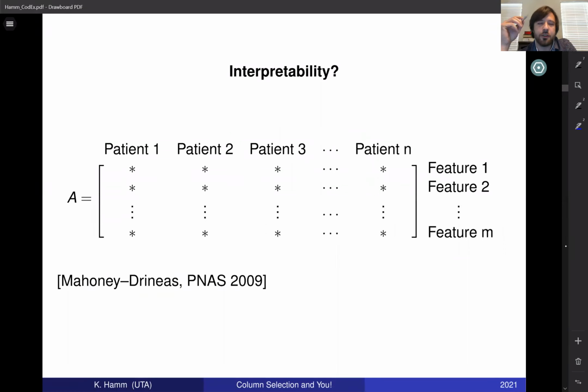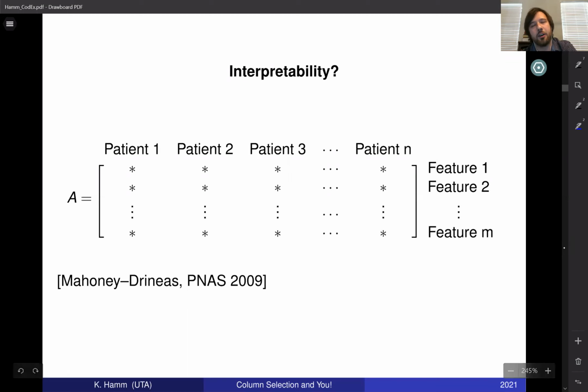So let's suppose I'm a physician or a researcher, and I have a data matrix where I have a collection of patients, and for each patient I collect data that I'll call features. This could be a time series of different biomarkers, or it could be gene expression levels. So let's say the features are different gene expression levels.